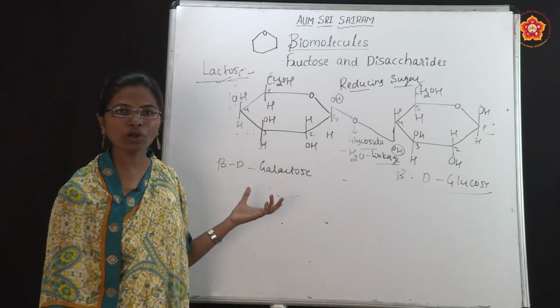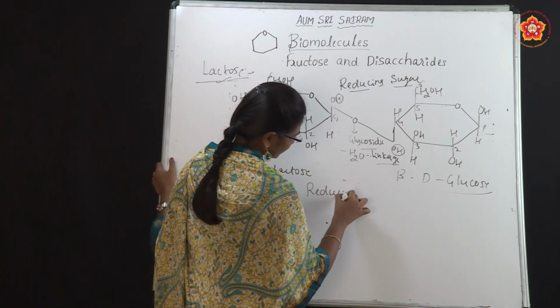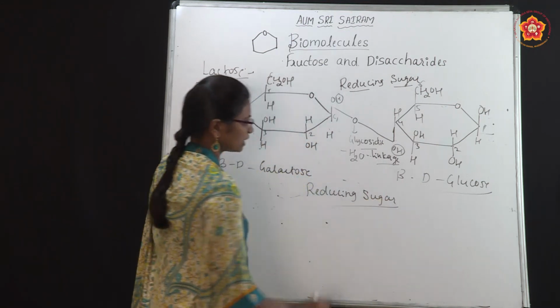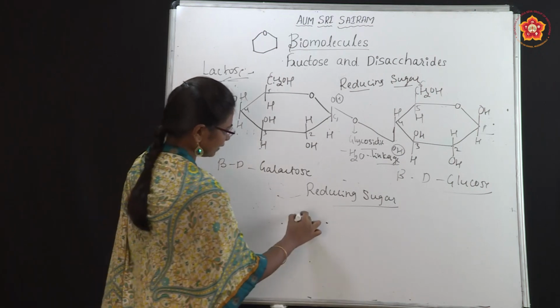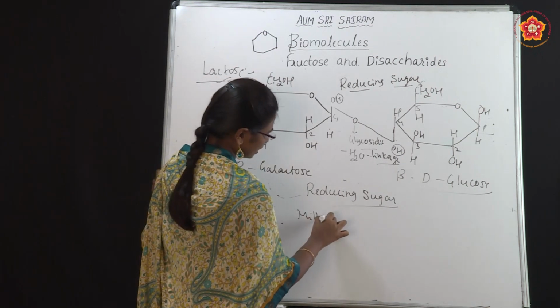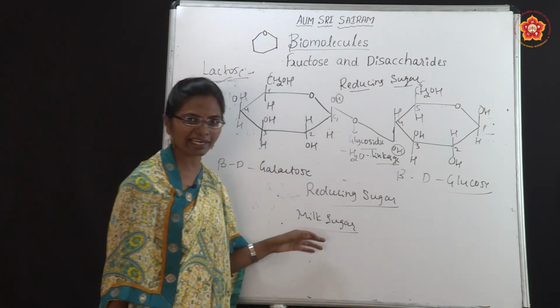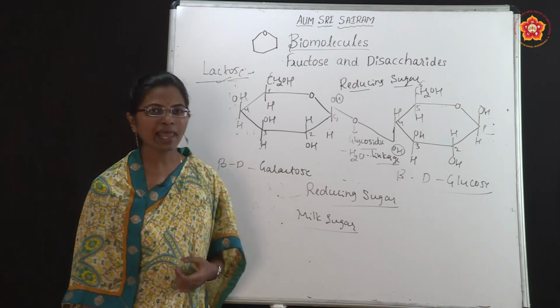Lactose is also called a reducing sugar. Reducing sugar means which reduces Fehling solution and Tollens reagent, and it is present in milk and also called milk sugar, because lactose is present in the milk. This is all about the structure of lactose.